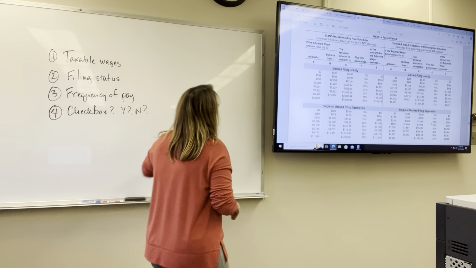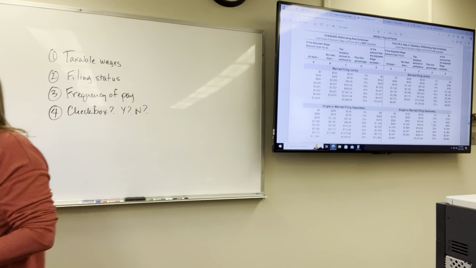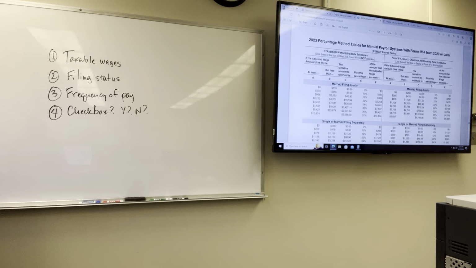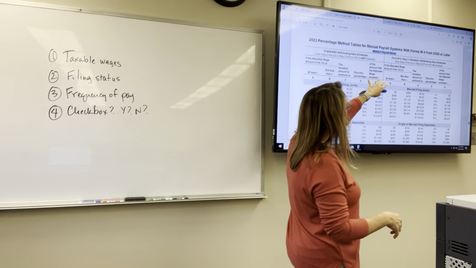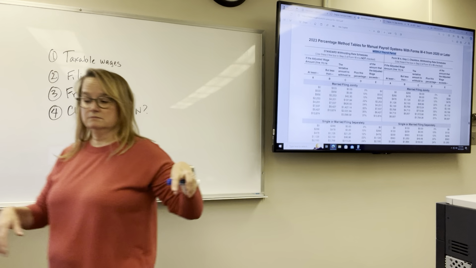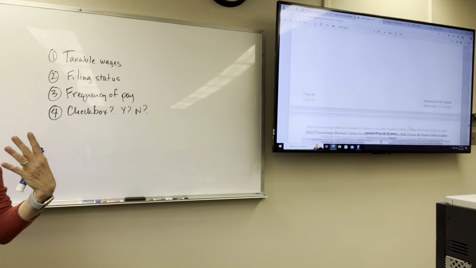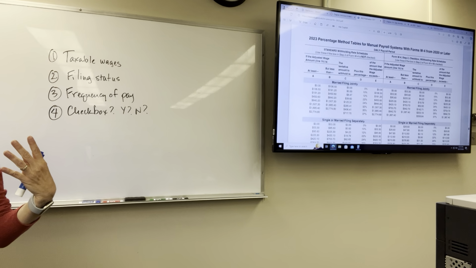Percentage tables. Like I said, same 4 pieces of information that we need to use at a minimum. Our tables again are, well, schedules. I don't know what the difference between schedule and table is, but up at the top is our pay frequency. So as you can probably guess, we've got bi-weekly, weekly, semi-monthly, monthly, daily.